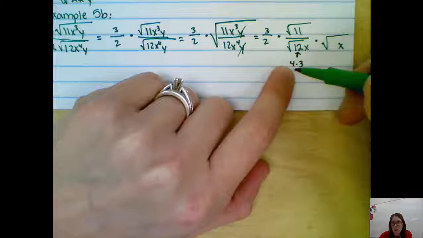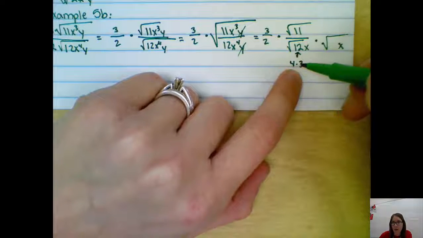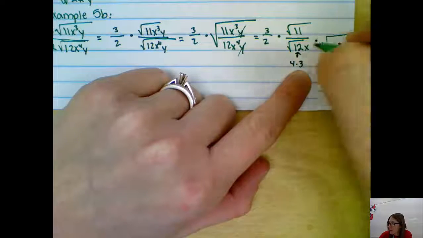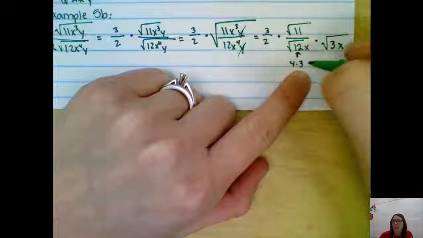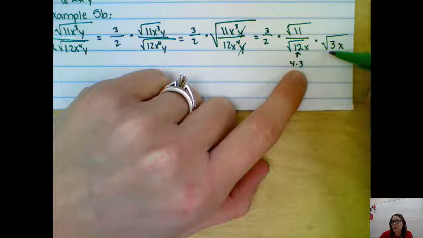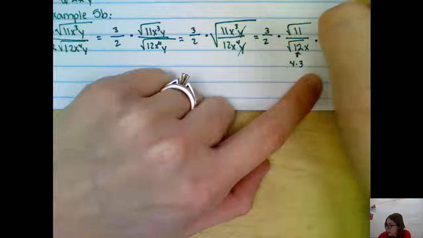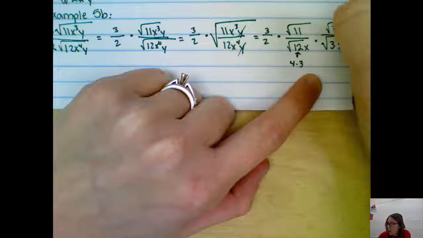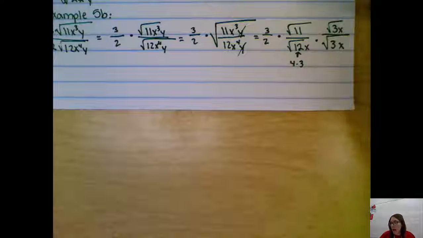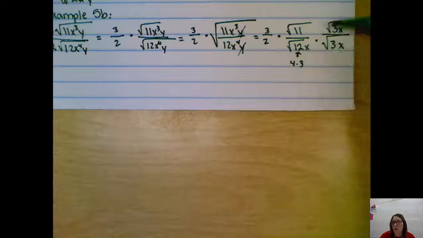And we can square root the 4, so we're okay with that right now. If we multiply by a 3 underneath here, then that would give me 3 squared. I can square root the 3 squared. So multiply by the square root of 3x on top and bottom here. And again, we can do that because this whole thing is 1.